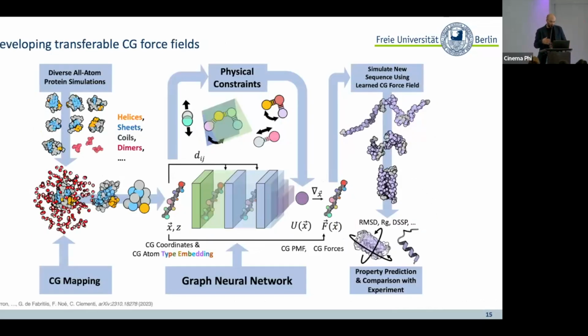But in order to be more general, what we want to do is something like this. So we have this pipeline in order to train a more general model. We have to start with some very diverse data set. We coarse grain it to some specific resolution. In the case of the work I will show you, it's 5-bead resolution.